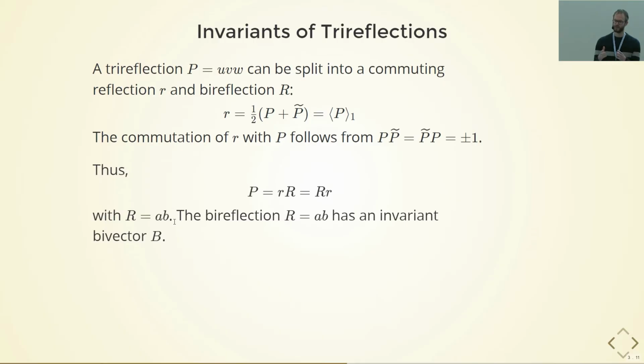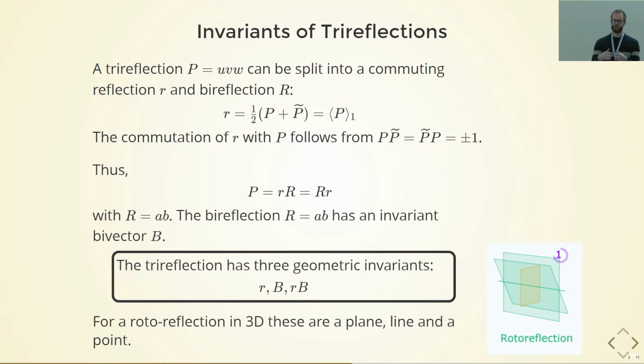And we already know that a bireflection has an invariant, a bivector B, capital B. So the trireflection as a whole then has three invariants. It has the reflection, it has a bivector B, and the intersection of the reflection with the bivector.